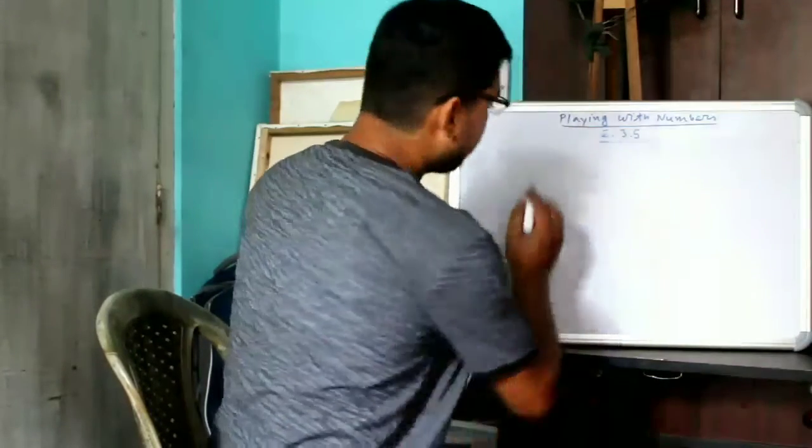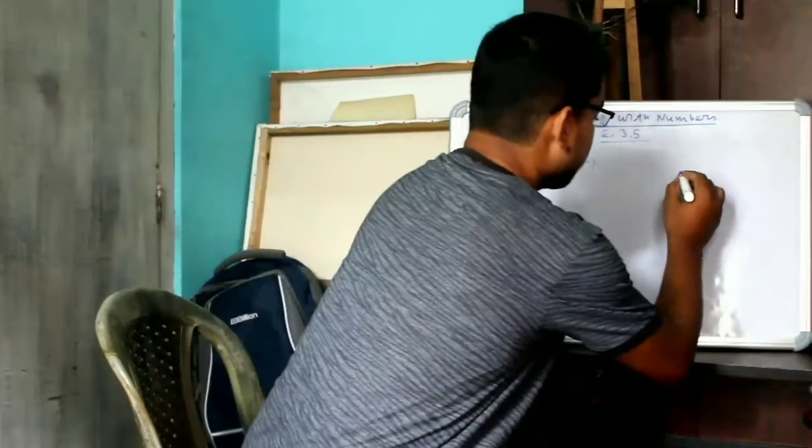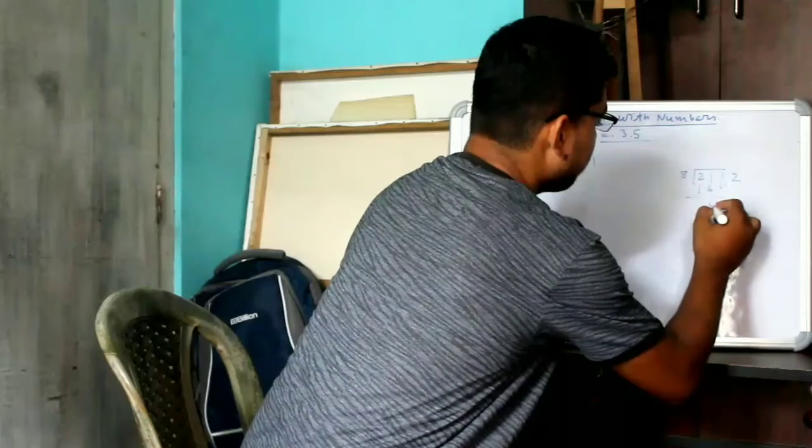Next number 2, 8 and 21. Let me check. 21 divided by 8, 2 times 16, 5 will come.